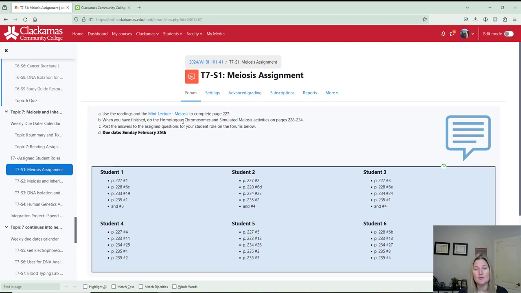For the first assignment, before you even get into it, it's always a good idea to take the reading and try to answer the preparation objectives on pages 225 and 226 from your textbook. That way you can get some background information before you get into some of these difficult topics.